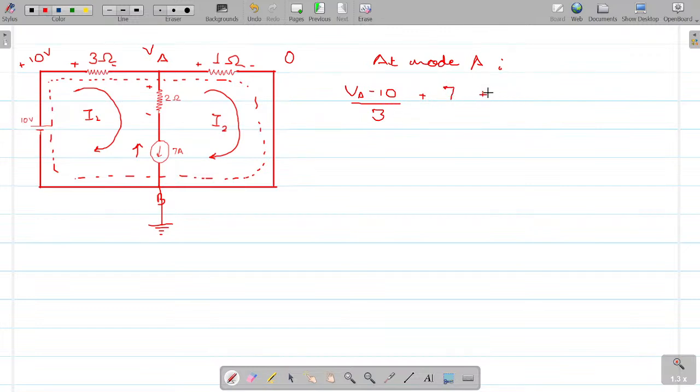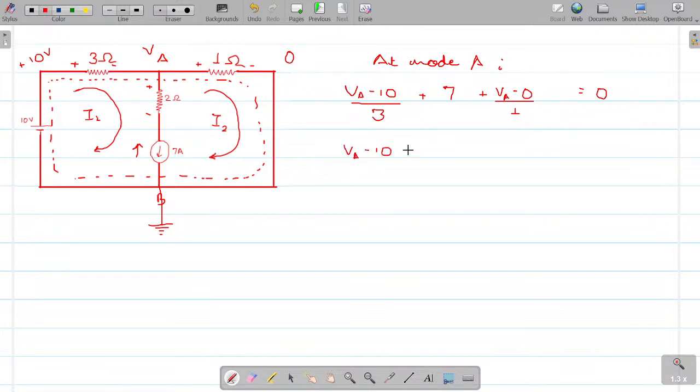In the next branch, what will I write? VA minus 0 divided by 1, right? Equals 0. The sum of all outgoing currents is 0. Multiply the entire equation with 3. What will we get?